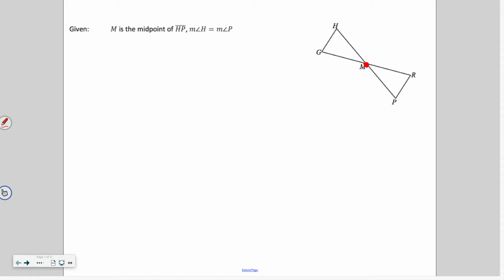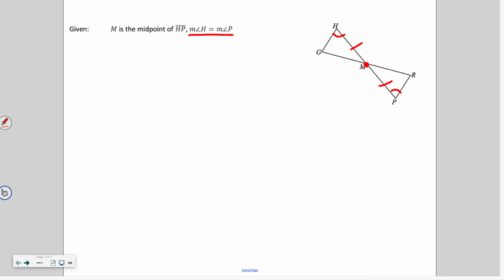Well, I know that HM is congruent to MP. I also know that the measure of angle H is equal to the measure of angle P. Okay?